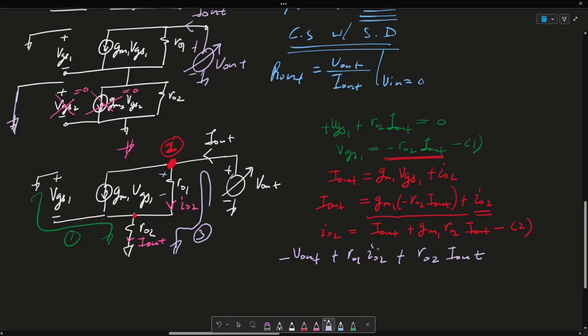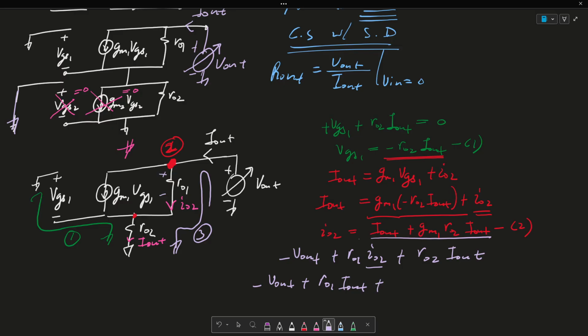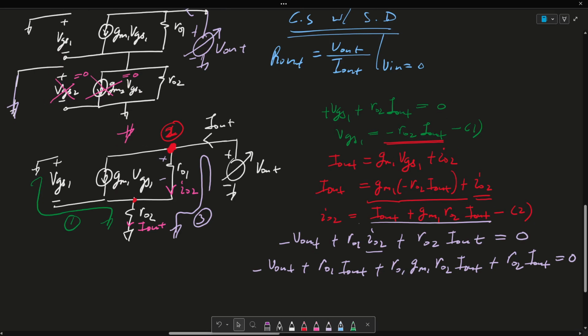Then we go ahead and replace IO2 here over here. So we get minus V out plus RO1, and I'm going to distribute this as well. So this is I out plus RO1 GM1 RO2 I out, and then plus RO2 times I out. And obviously this is all equal to 0. I forgot to put equals 0 here.